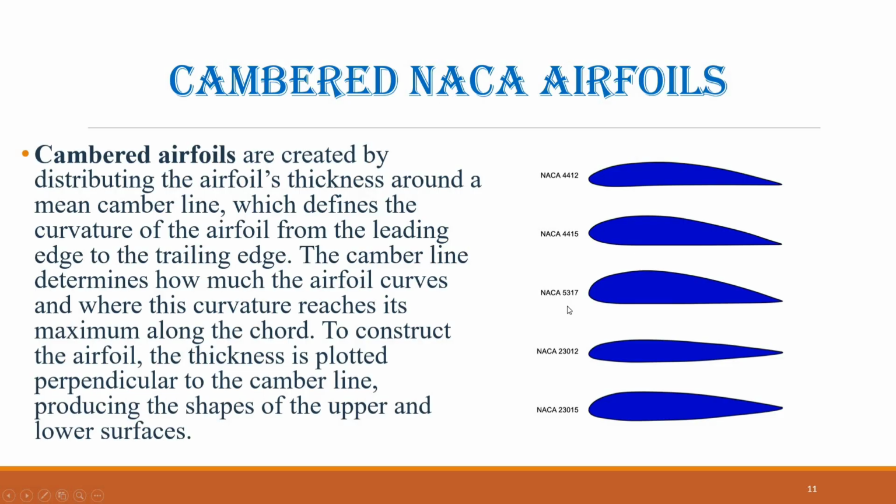For example, a NACA 2408 airfoil has a camber of 2%, with the maximum camber located at 40% of the chord length and a thickness of 8% of the chord. By adjusting these parameters, designers can tailor the aerodynamic characteristics of the airfoil, such as lift, pitching moment, and stall behavior, to suit specific performance requirements.